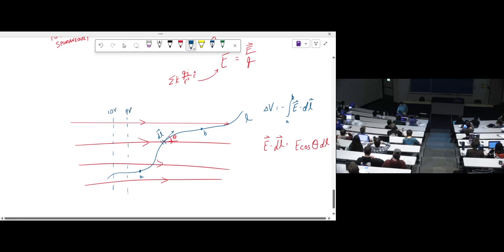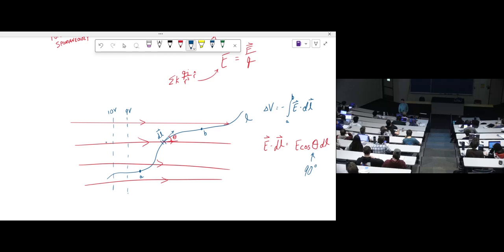This could all be 9 volts. These are all equipotentials. As I move along this line, I'm not changing my electric potential, because the angle between where I'm walking, this blue line here, and the direction that the electric field is pointing is 90 degrees. Cosine of 90 degrees is 0.